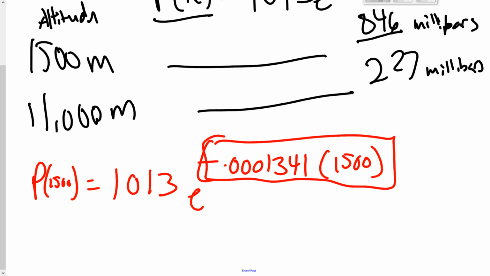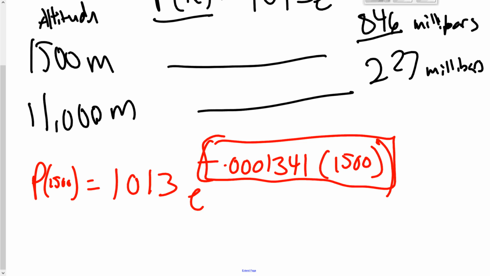You might have to push Shift LN to get to that e button. Then I'm going to type negative 0.0001341, and I'm going to multiply by 1500, and then you might have to end this parenthesis, or if you have the box thing, you can just press enter and it'll give you that number.